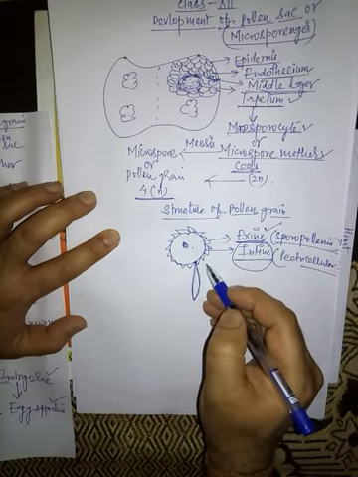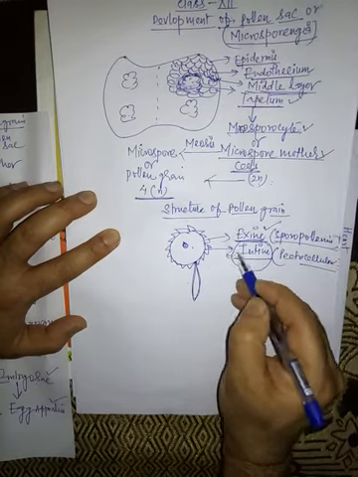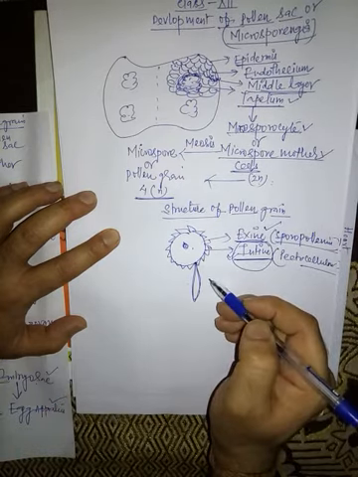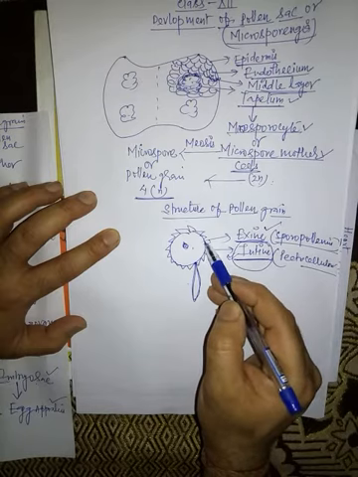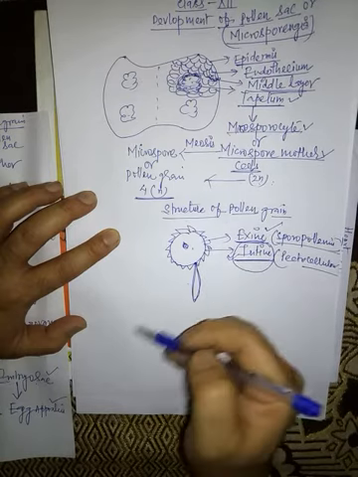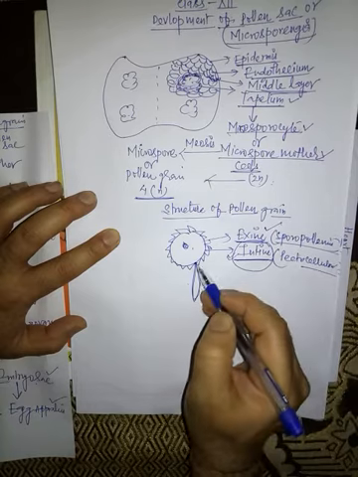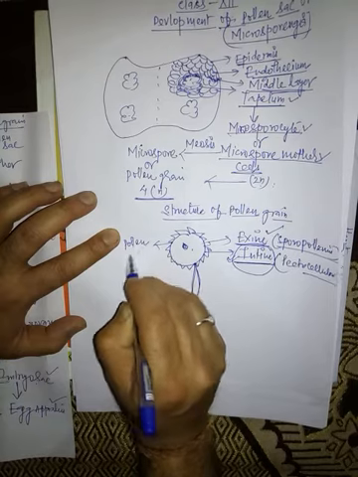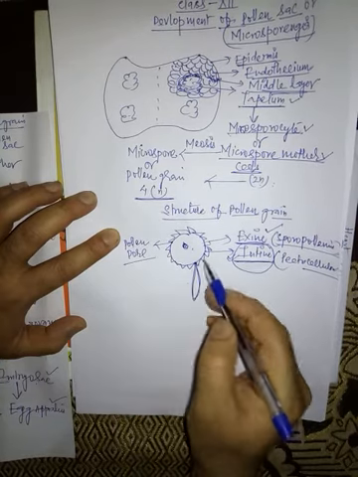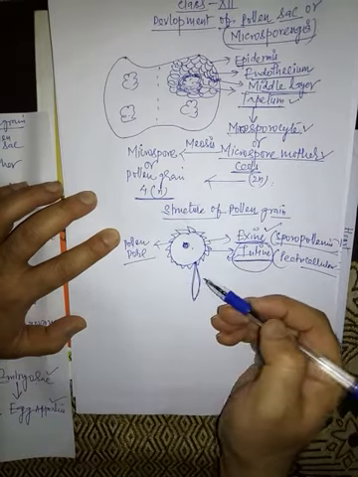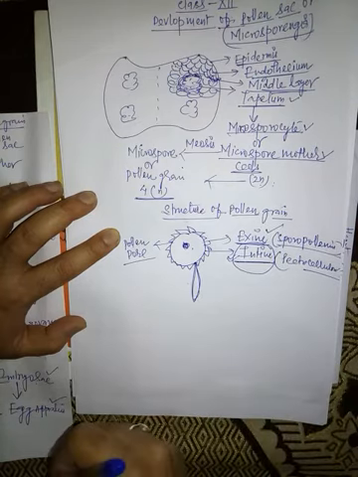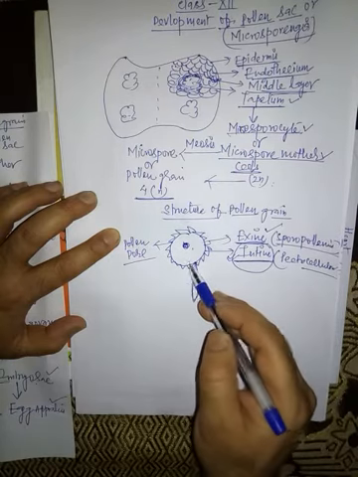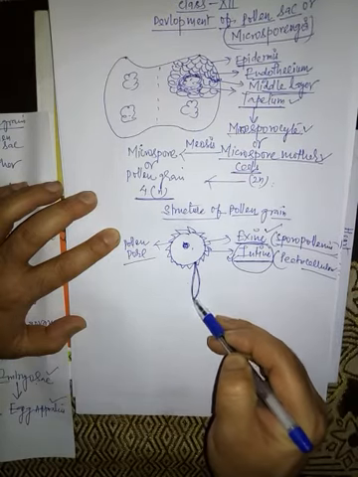This pollen tube is formed by the intine because it is a soft layer and the exine is a hard layer, but exine is absent in some places around the intine. These are called pollen pores. When the pollen grain absorbs the fluid from the stigma, then intine swells up and comes out from these pollen pores and forms pollen tube.